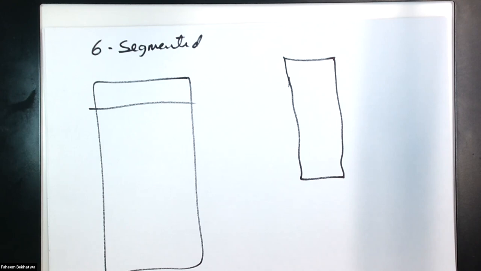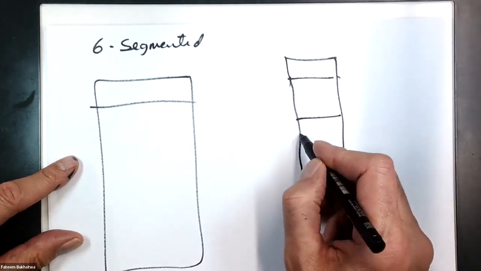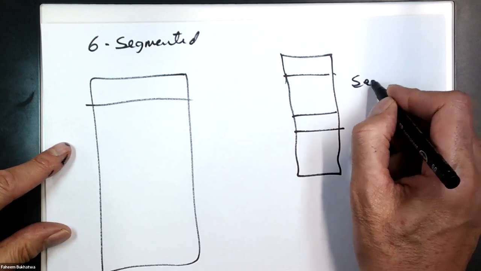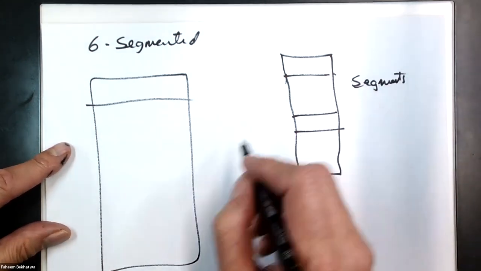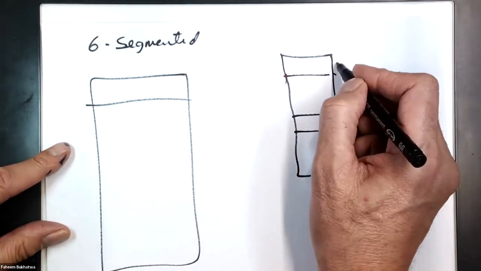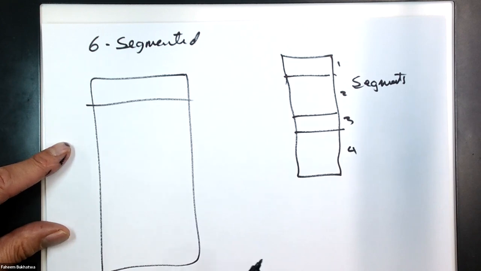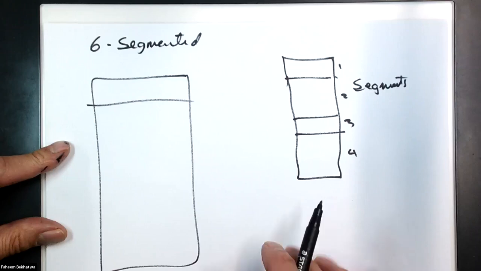So we're going to split the program into multiple different size segments. So a program is divided into multiple segments of different sizes. Let's say this is segment 1, 2, 3, 4. Now we won't stick long at this. I just want you to understand how it works.